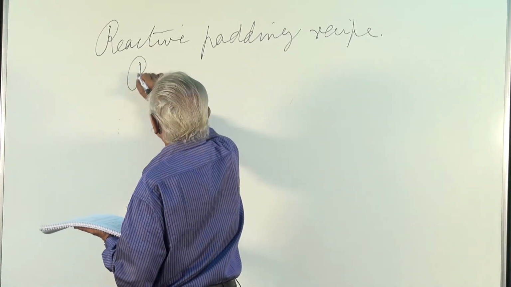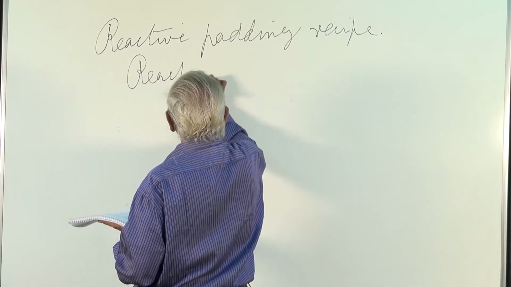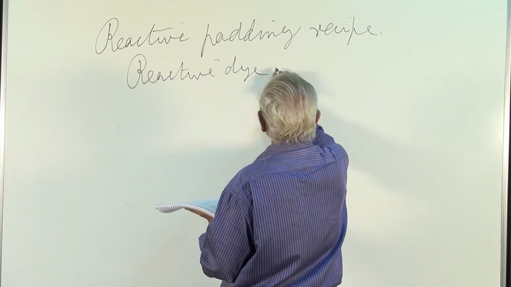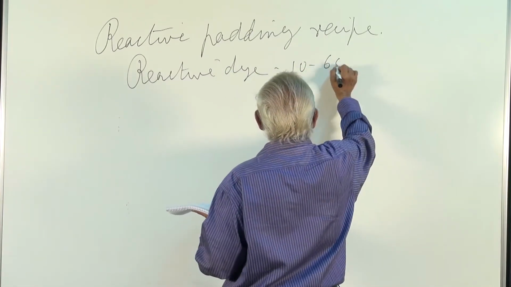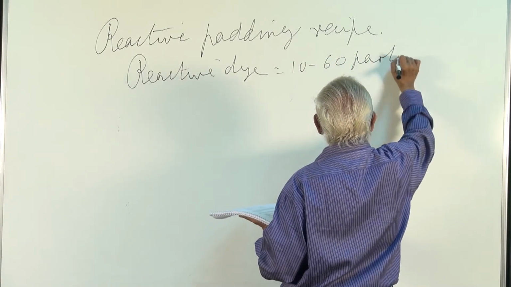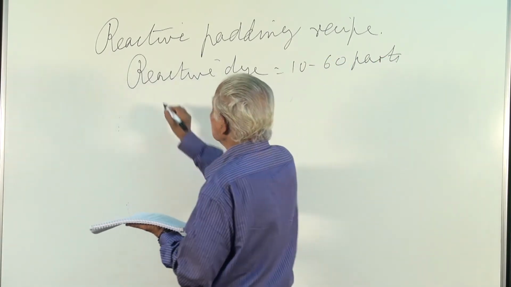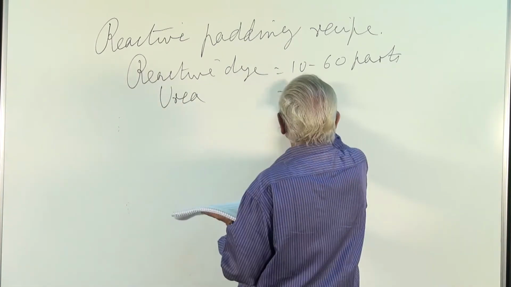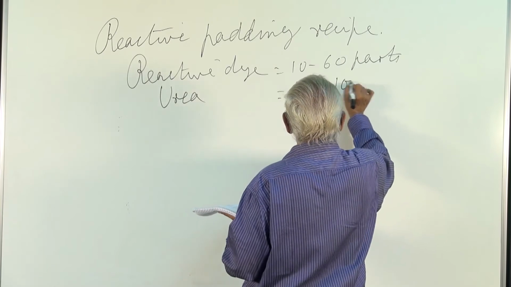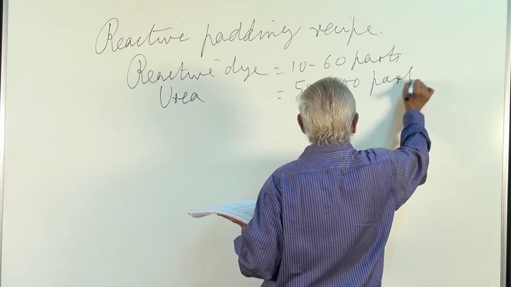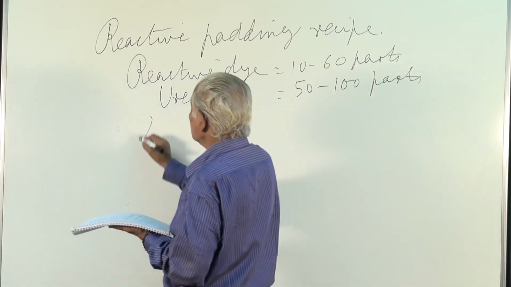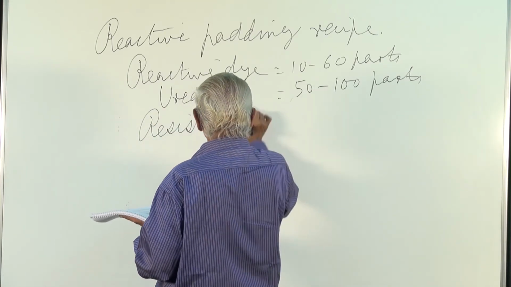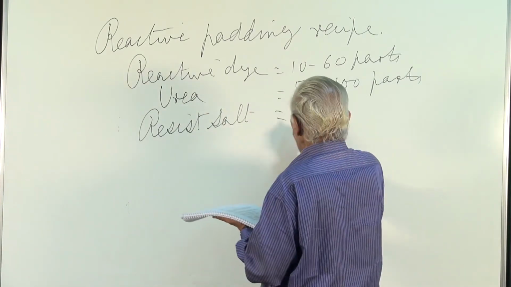Reactive dye (10 to 60 parts). Urea 50 to 100 parts. Resist salt 10 parts.